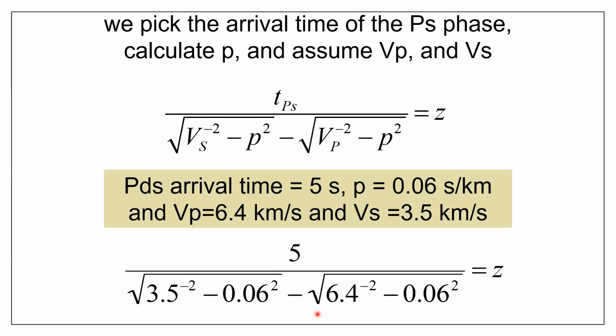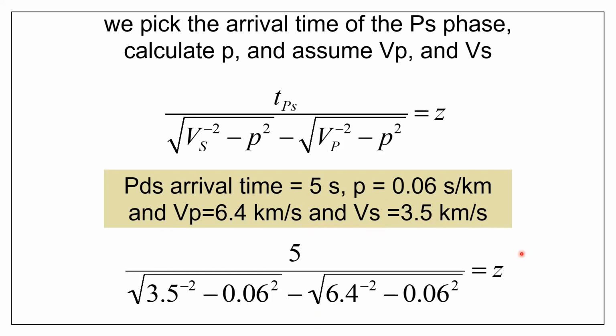From the receiver function, we can easily identify the PS phase because it is almost coherent in all the receiver functions computed from many of the events. So let's suppose the P2S delay is 5 seconds, the ray parameter is around 0.06 for an average Earth model, the average P wave velocity is 6.4 kilometers per second, and the shear wave velocity is around 3.5 kilometers per second.